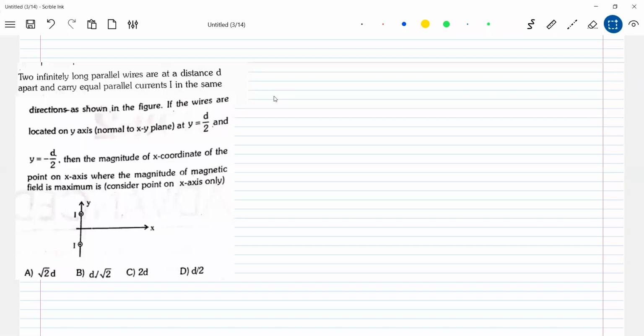First, draw the lines of force due to a long wire. B bar due to individual wires has to be determined first. So this will be the x-axis, y-axis.